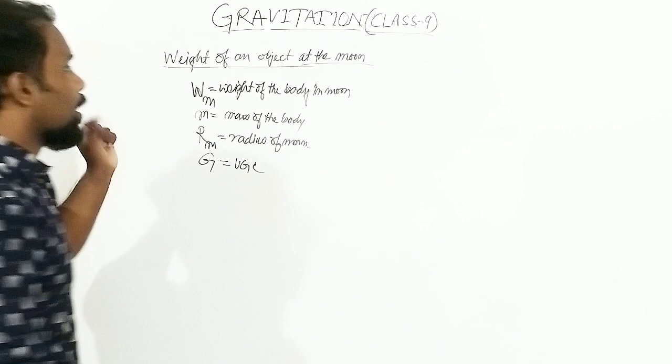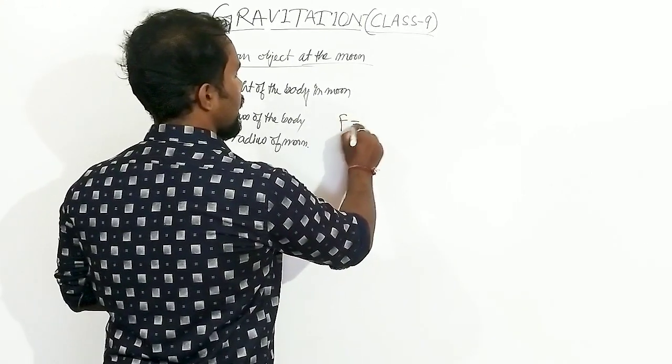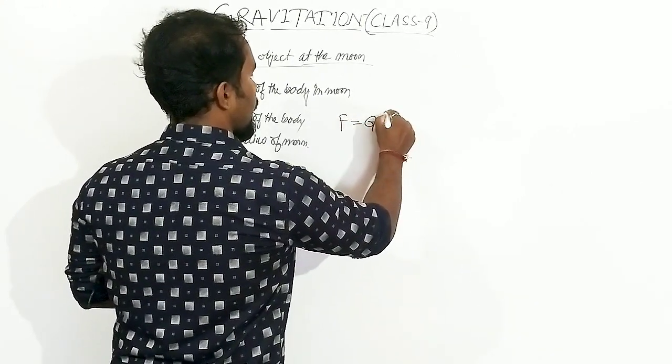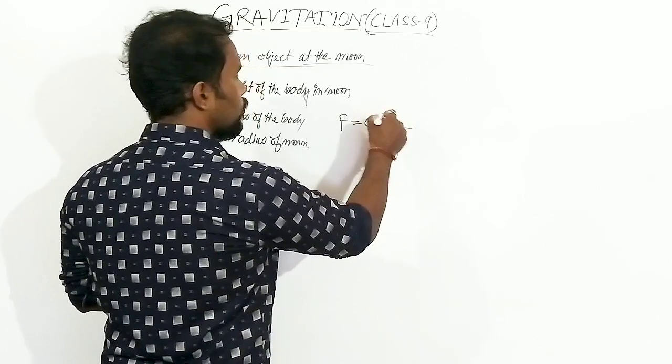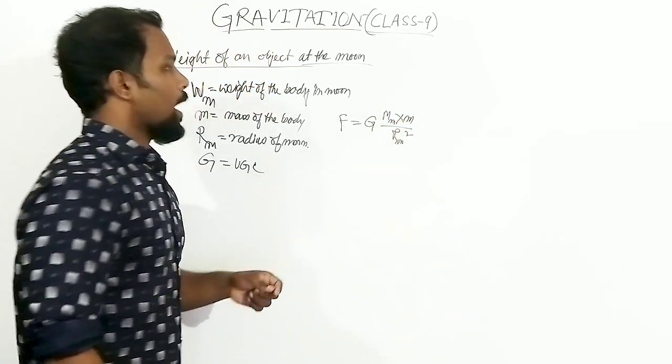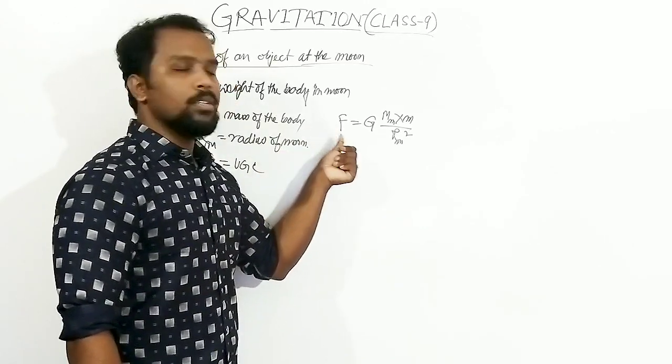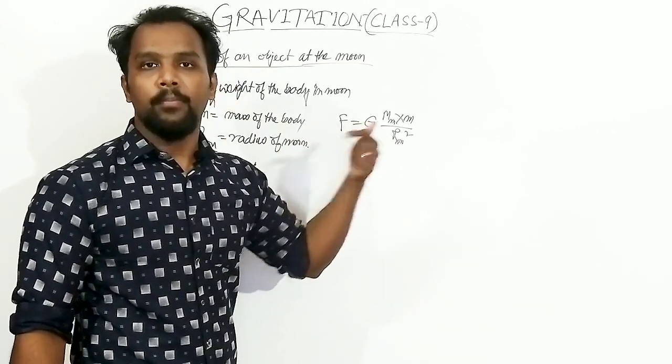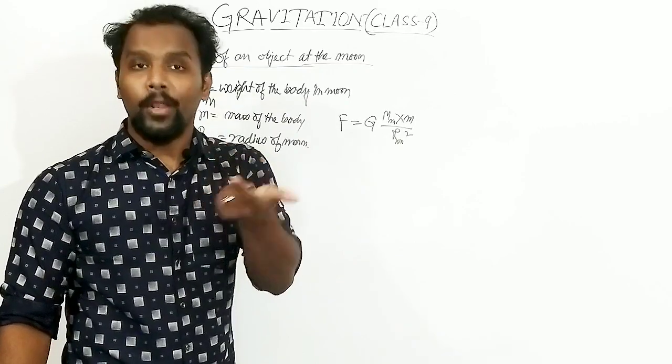So for this, you can write F equals G Mm, that is the mass of the moon, into m by Rm square. And we know that the force, that is the gravitational force applied by the moon surface, is going to be the weight of the body.